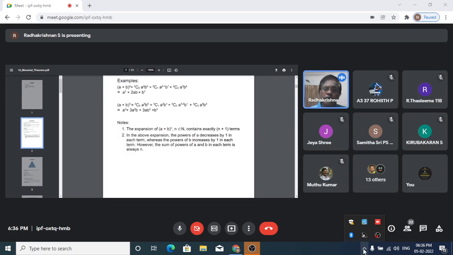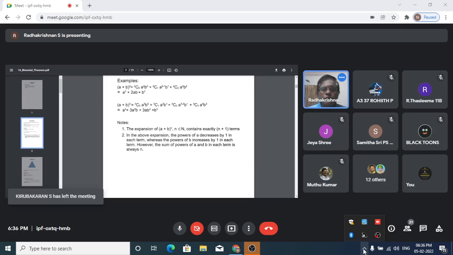And in the above expansion, the powers of a decrease by 1. We saw that: if you take (a+b) whole cube, the first term has a cube, then a square, then a to the power 1, that is just a, and after that there is no a. Similarly for b, it is constant in the first term, then b to the power of 1, b to the power of 2, b to the power of 3.